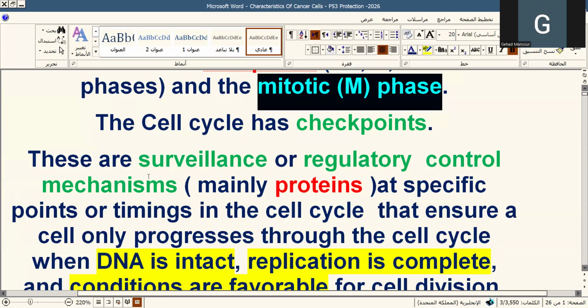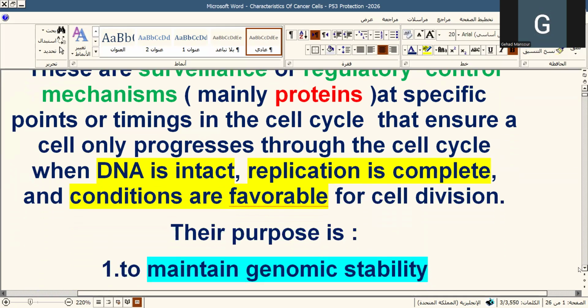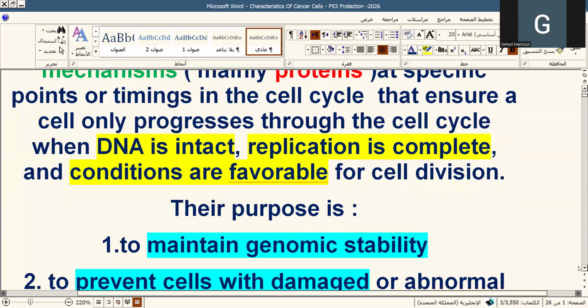So there is strict surveillance or regulatory control on the cell cycle, especially through proteins, whether they are enzymes or non-enzymatic proteins. And these checkpoints will act at specific timings of the cell cycle, or at specific points on the diagram that represents the cell cycle.